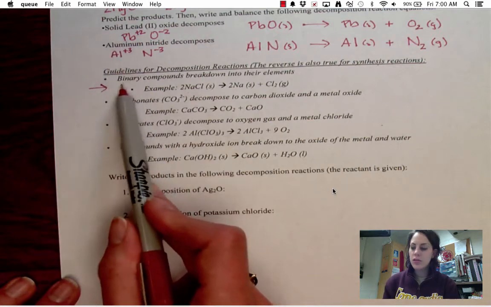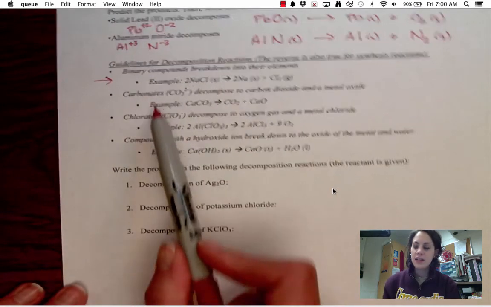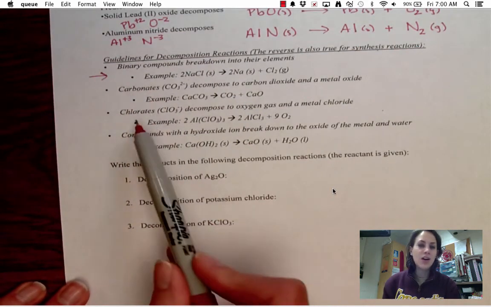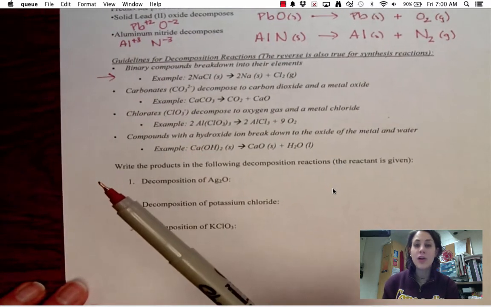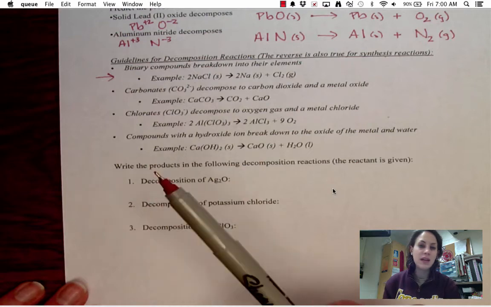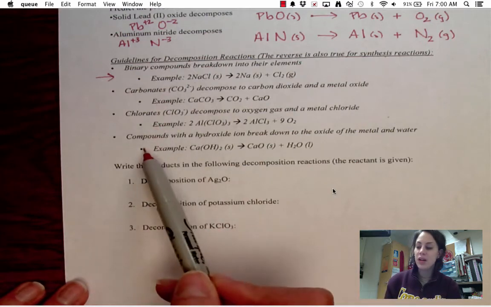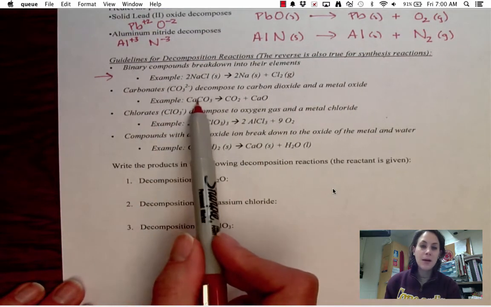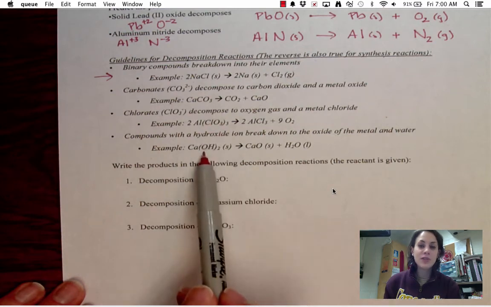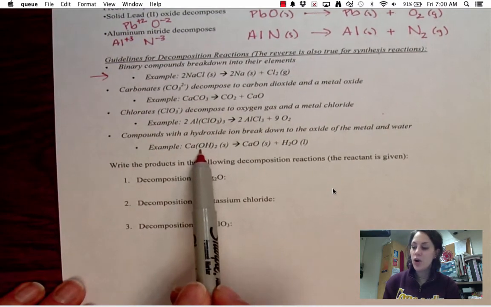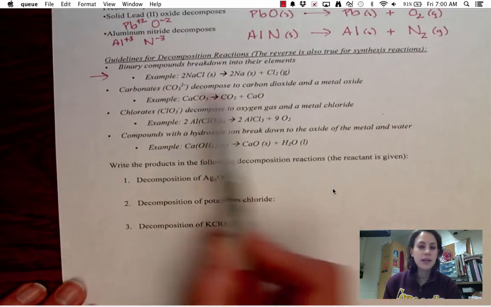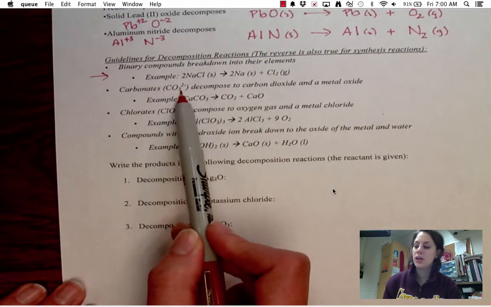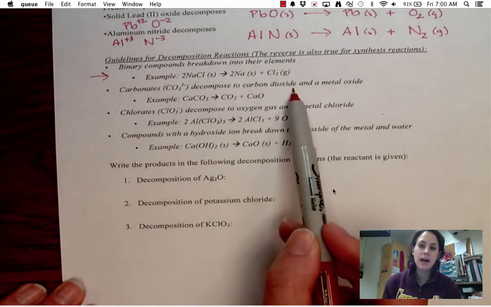But there's also some specific examples that aren't always easy to figure out on your own, so that's why I'm giving you a few of these hints. If you were to start with any of these general forms for your reactants, you would need to know what they break apart into. And so anything with a carbonate in it is going to decompose into carbon dioxide and a metal oxide.